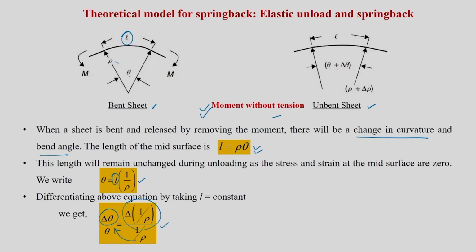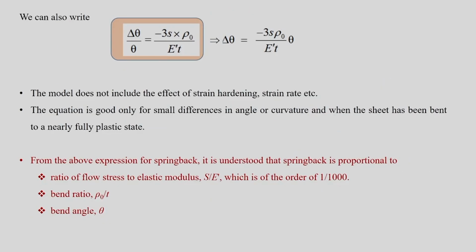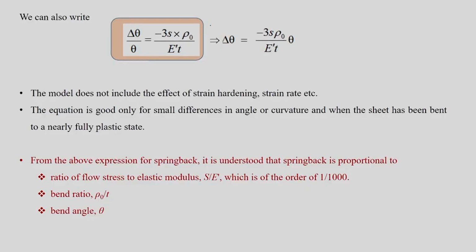So your del theta by theta would be there, and 1 by rho will go to the left hand side. So I can directly write this as del theta by theta is nothing but minus 3S by E dash t into rho naught, I am keeping, instead of just rho I am keeping it as rho naught.